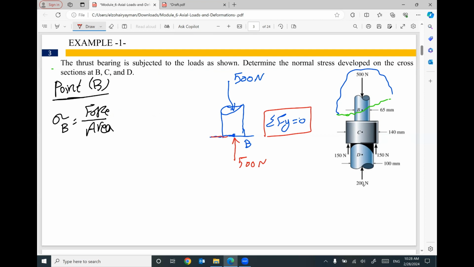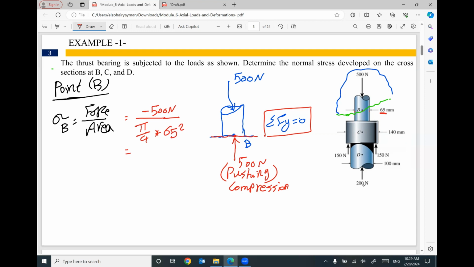So at the cut at point B, we have a force pushing the cross section. So this force will cause compression. That makes sense. So the applied force will be negative 500 Newton, negative Y, because it's compression, divided by the cross-section area, the diameter of the part at point B being 65 millimeters. So the area will be pi divided by 4 times 65 millimeters squared.